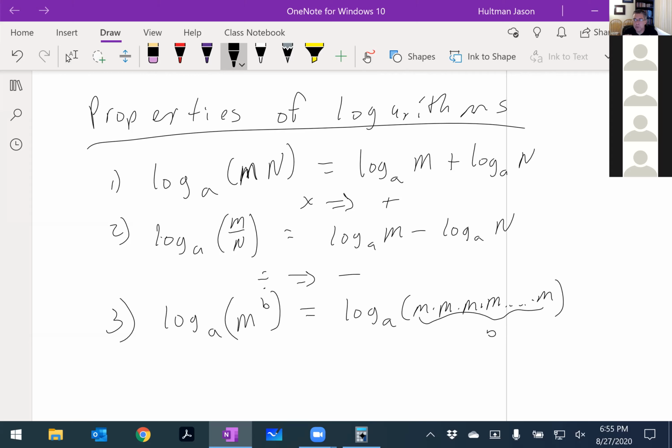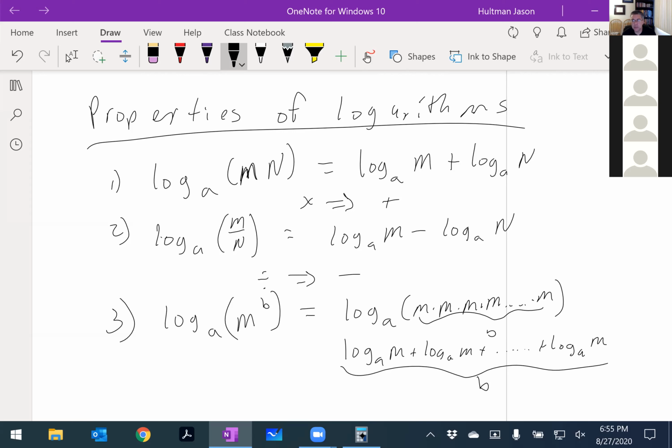But what did we say multiplication implied? Addition, right? So what happens when I add m b times? Isn't this going to become log base a of m plus log base a of m plus log base a of m, added b times? So how do I do fast addition?